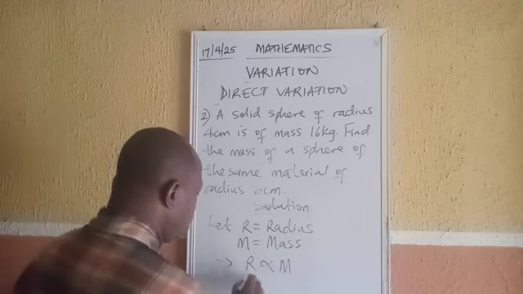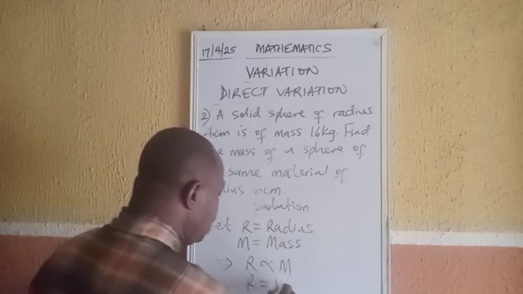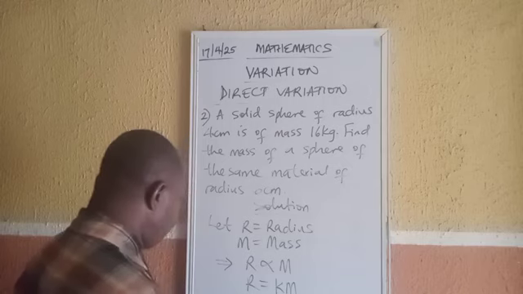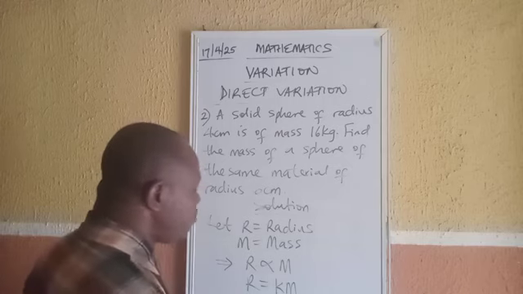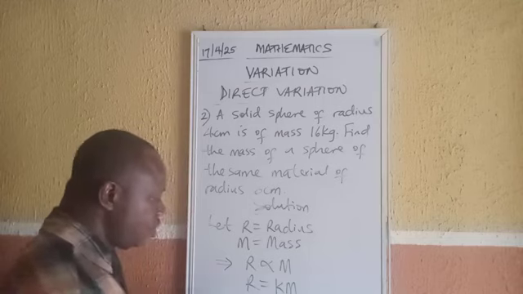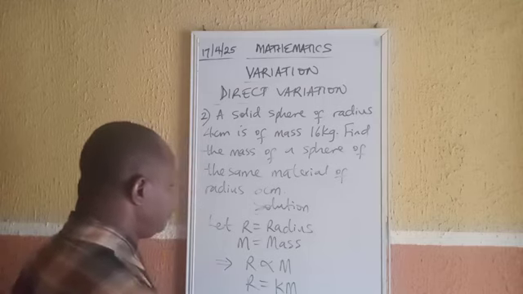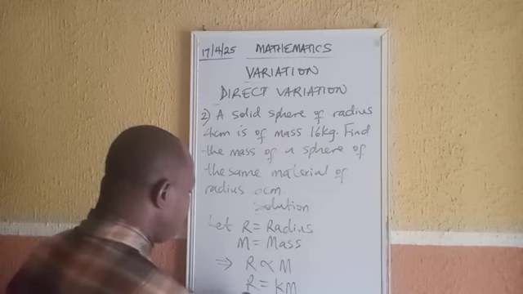Let's follow the same step as we used in the first example. Let's introduce K. r will be equal to Km. If we divide both sides by m, to find K, to now be what?